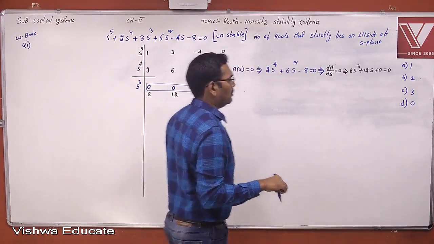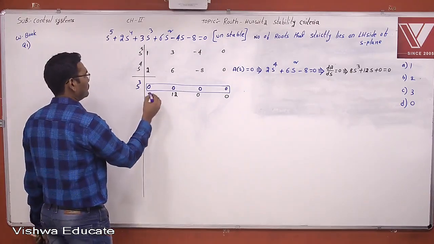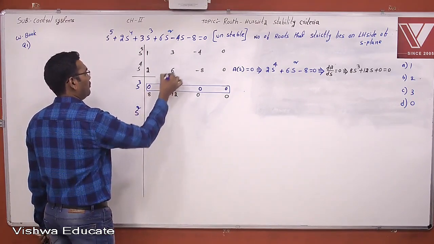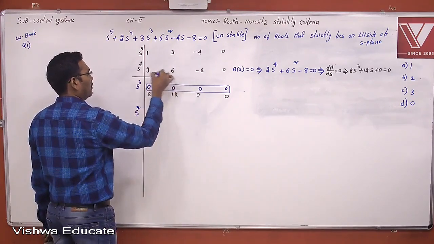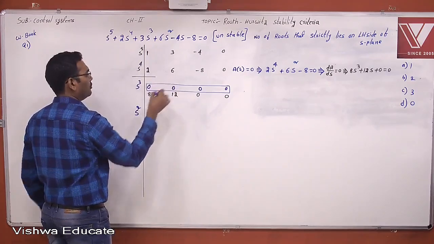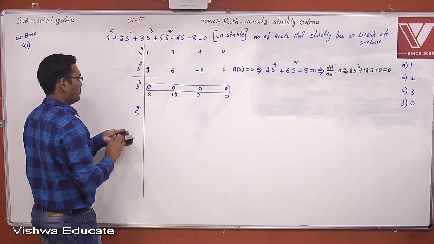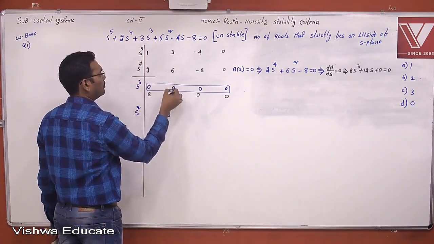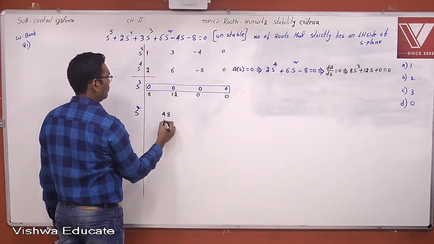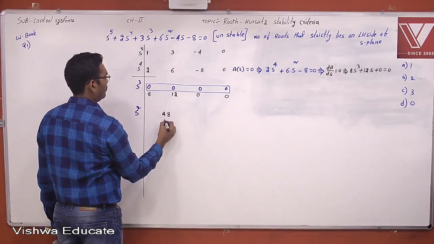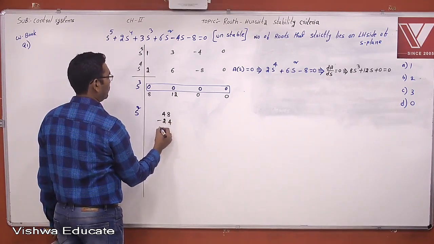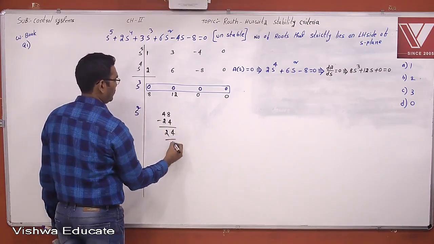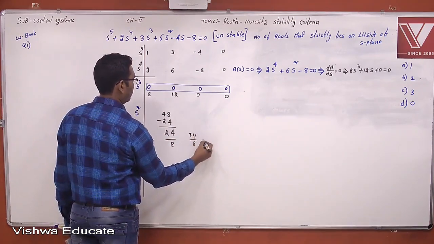Now for s square: 8 into 6, 48, minus 12 into 2, 24, 24 divided by 8.